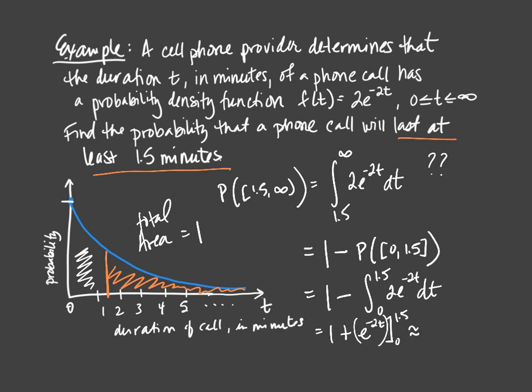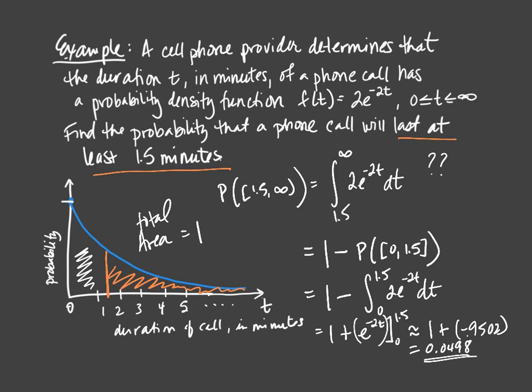So we discovered that this is 1 plus approximately negative 0.950. So this probability would be about 0.0498 if we round to 4 decimal places. So a very small probability that it would last at least 1.5 minutes.